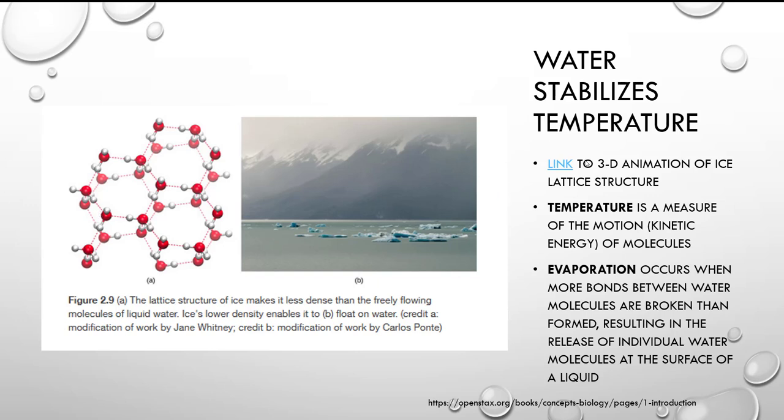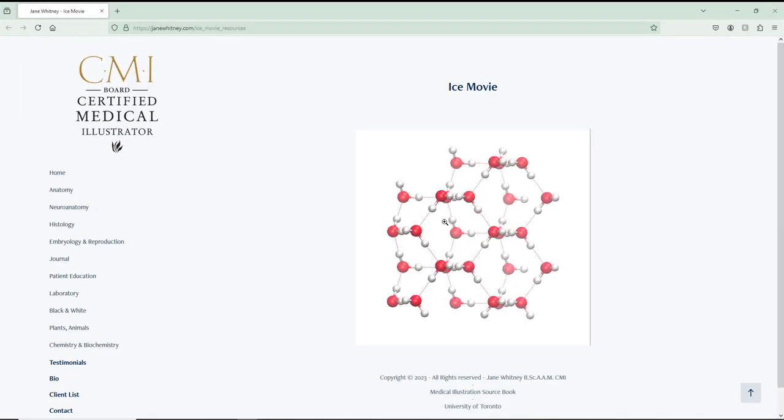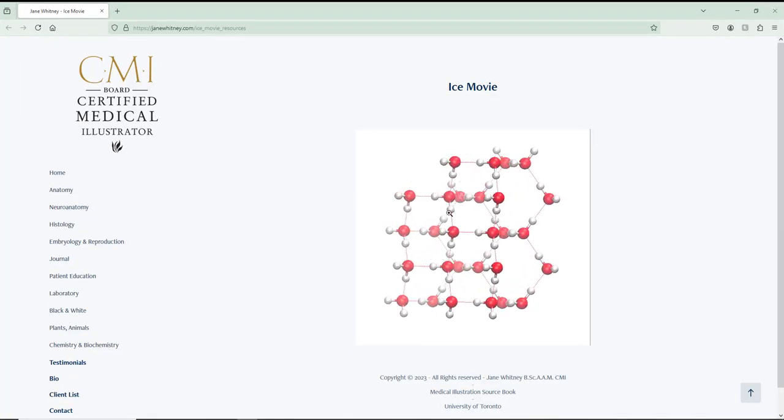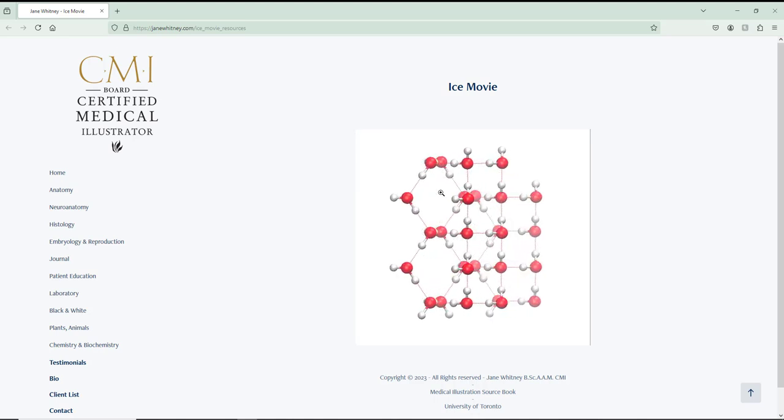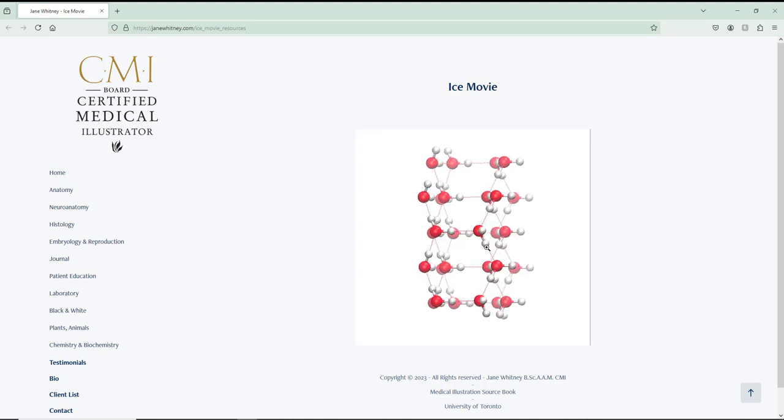Let me see if I can bring up a little 3D view of it. So you can see how this is a lattice structure, and you can see how there's basically a big gap in between all of these water molecules.